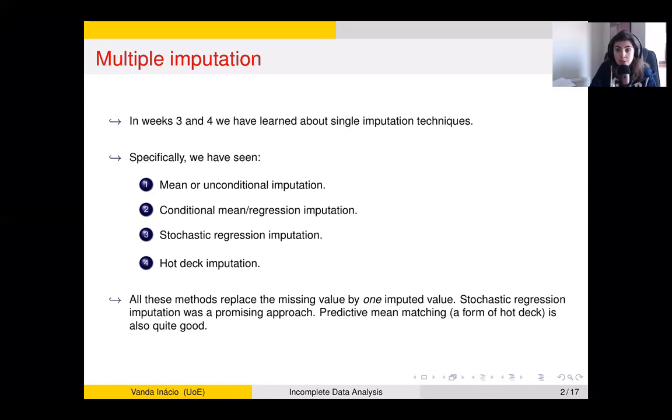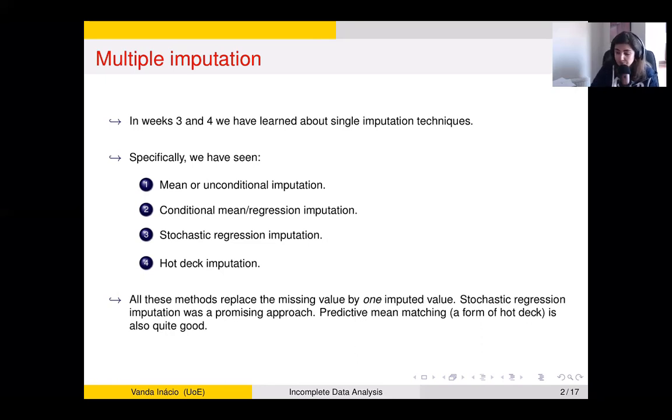So the resulting coverage was below the nominal level. And you have also studied in the assignment a very simple form of predictive mean matching. And in fact, predictive mean matching is also a very good or promising approach. Of course, not the plain vanilla version that you have studied in the assignment, but there are refinements of such approach. And as we will see, it's a good approach.